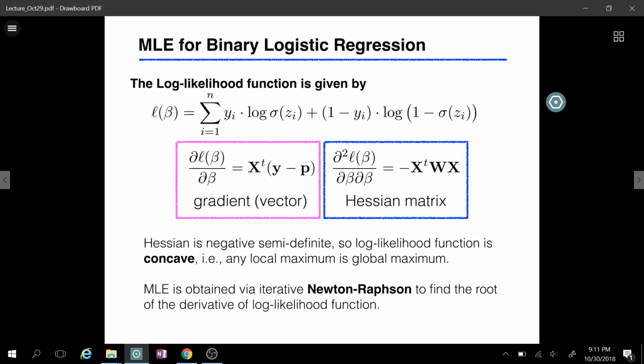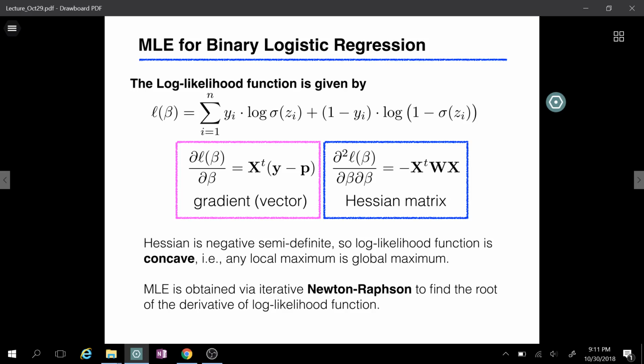So let's summarize our calculation. The log likelihood function is given by the sum of those expressions, and the gradient is the expression inside this purple box, and the second derivative, the Hessian matrix, is in this blue box.